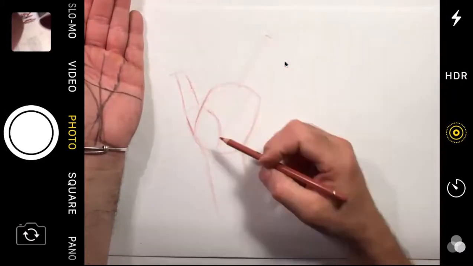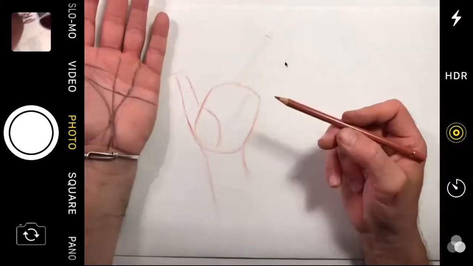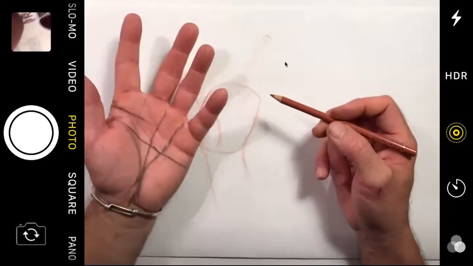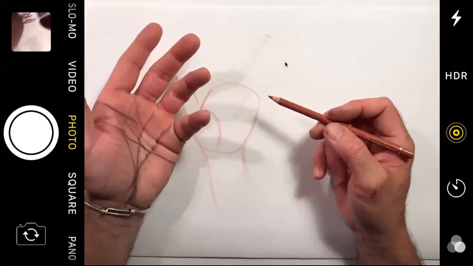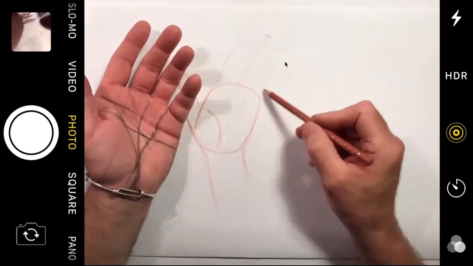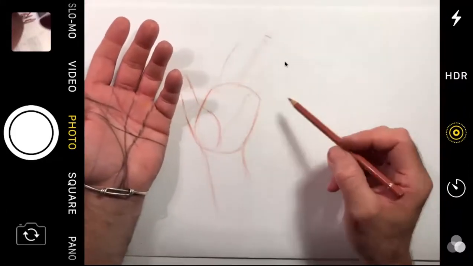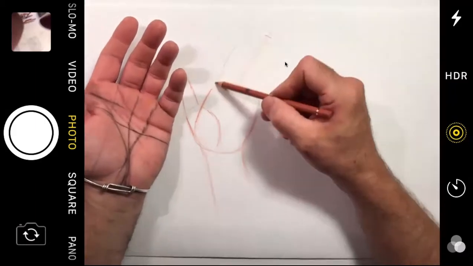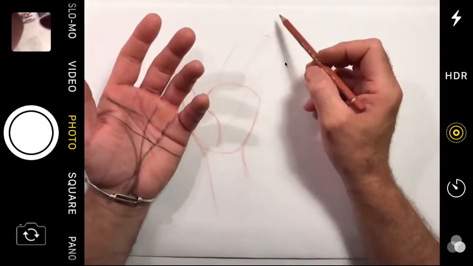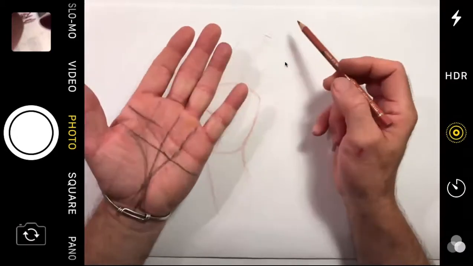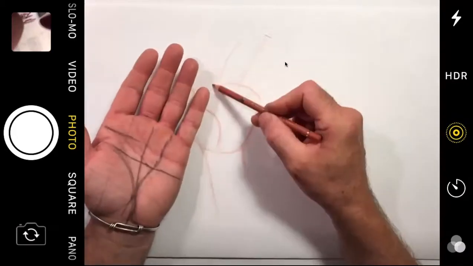So now I will look at the fingers, and I can say, okay, maybe the fingers are a little bit turned like that, right? So, all right, if I use them like this, I know what to do.